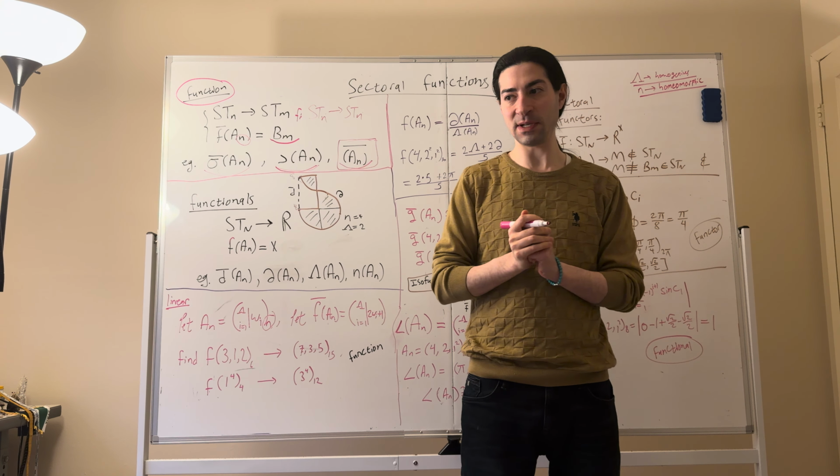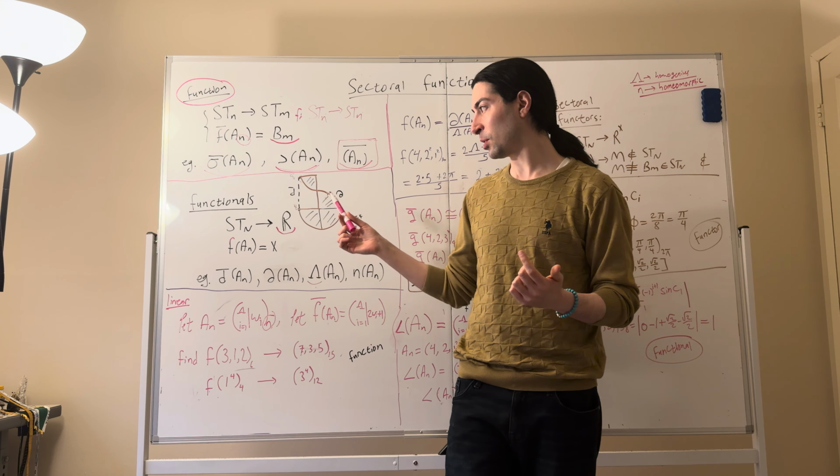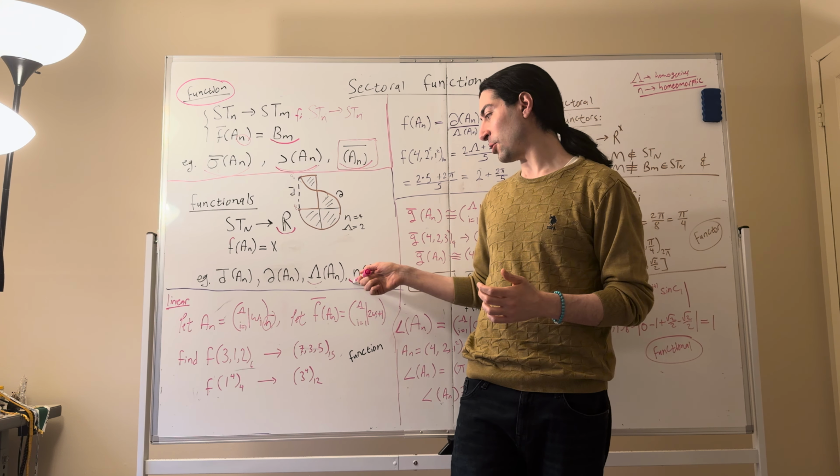Another very simple example is if we consider lambda of an as a function, so the order of an. So in this case, the order is 2. So we started with a sectoral structure, we ended up with just a single number. So this is also a functional, as is n of an, which is the degree of an.